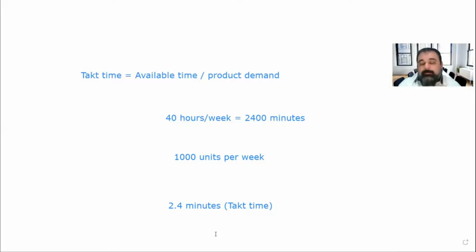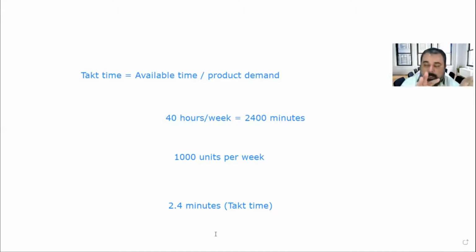It means that every individual task to assemble the car should take less than 2.4 minutes. If a task takes longer than that, the task must be subdivided and two different people should carry out that task, so we have all tasks being completed in less than 2.4 minutes.